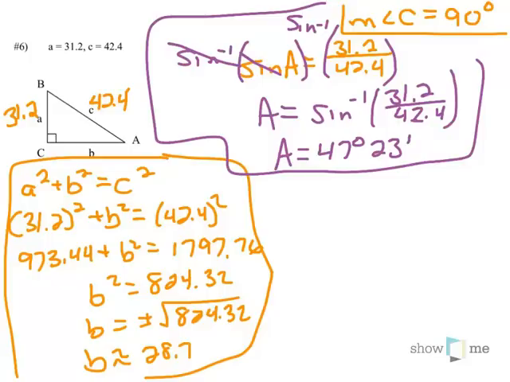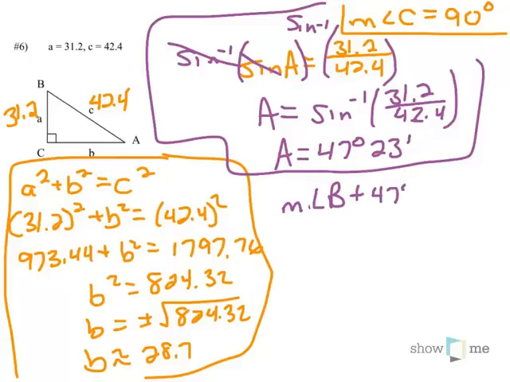All the angles in a triangle add up to 180. The acute angles in a right triangle add up to 90. So if I take angle B, its measure, and add it to angle A's, it has to equal 90 degrees.